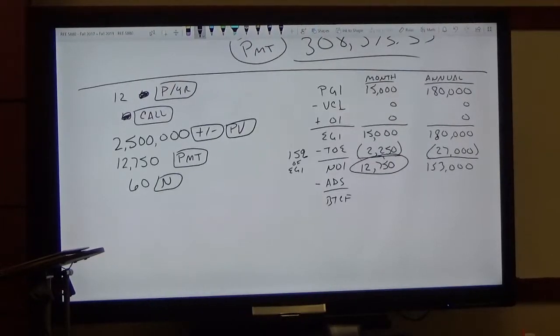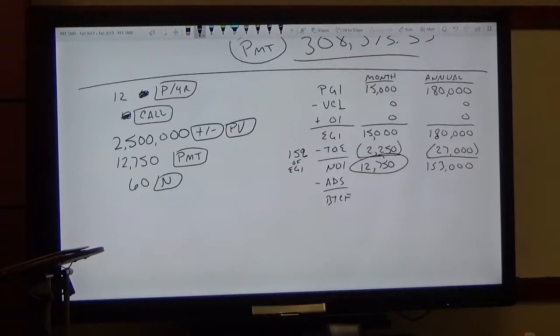Now, after 5 years, what do we anticipate selling it for? I know the eternal optimist in here always wants to sell something for more than what we paid for it, but what if we don't? What if we sell it for a little less than what we originally bought it for? Let's see what the impact is.